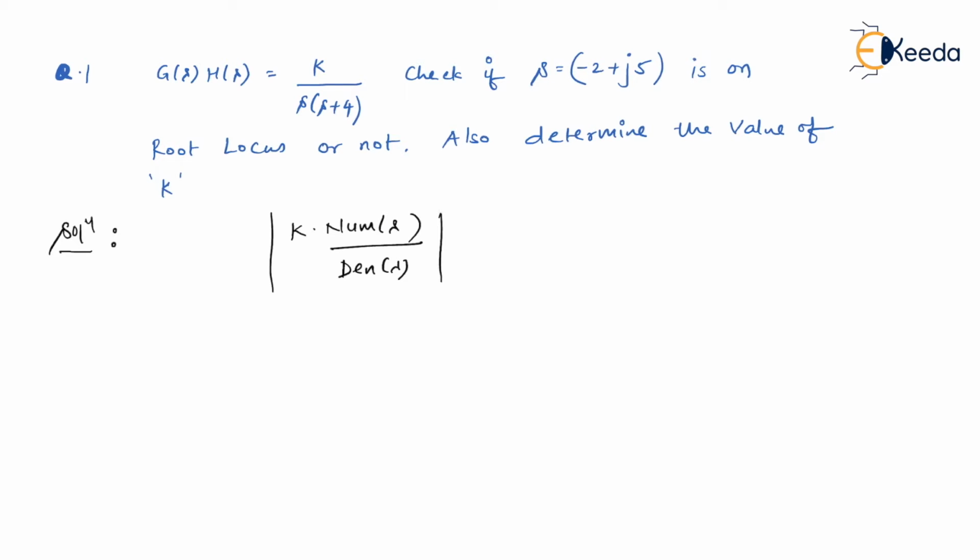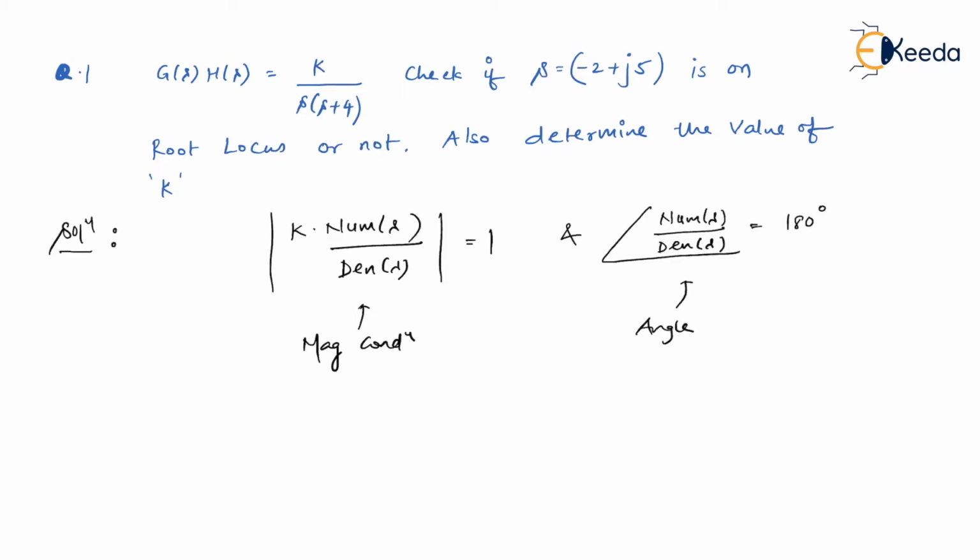If you take the magnitude of it, it should be equal to 1, and the angle of the numerator polynomial divided by the denominator polynomial should be equal to 180 degrees. This is what we call the magnitude condition, and this is what we call the angle condition.